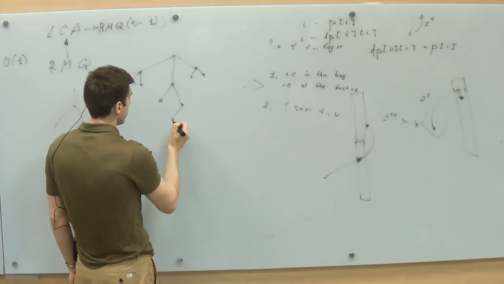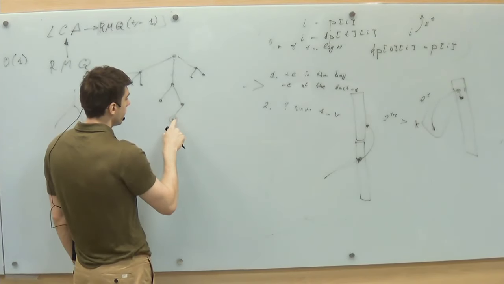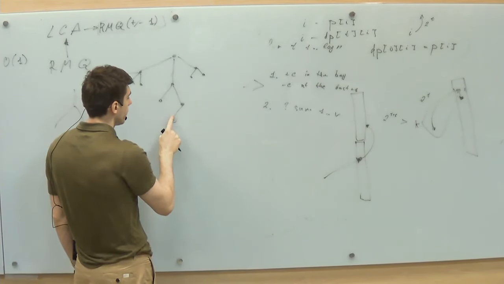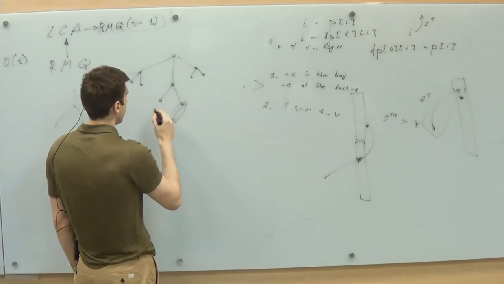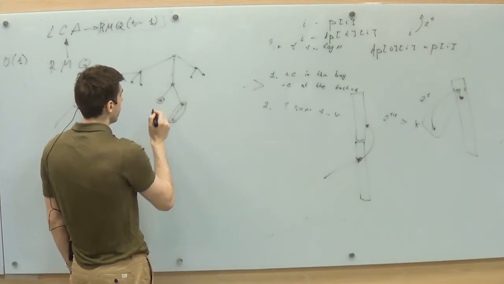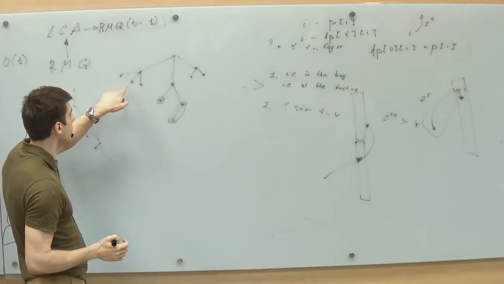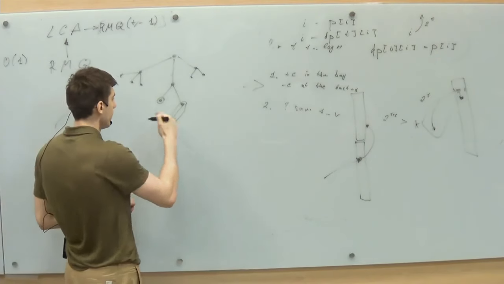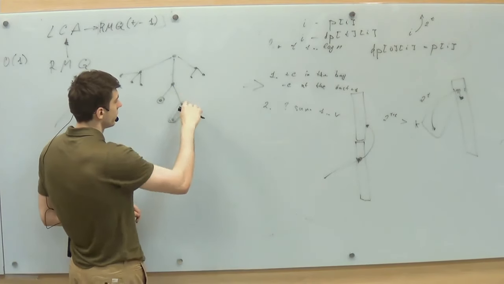So this creates its own path. For this vertex, we have only one child, so we merge the path into this one. Here we have, okay, this will create our separate path. So the number of paths will be equal to the number of leaves, exactly as in the heavy-light decomposition. Here we will merge with the longest.